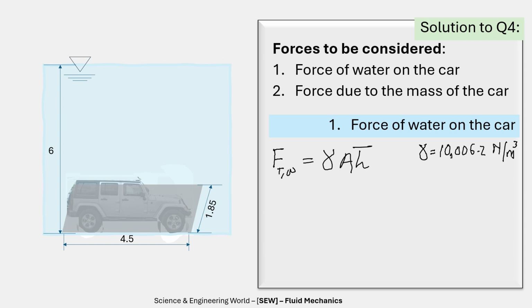Area is the area of the plate. Now we assume the car is a flat plate, and it is given as 4.5 times 1.85.